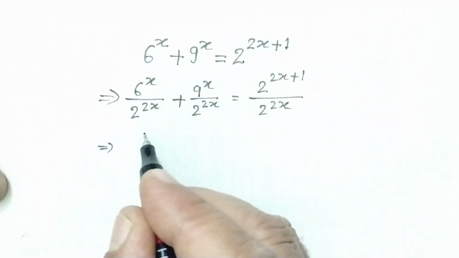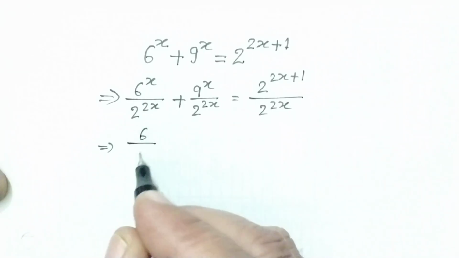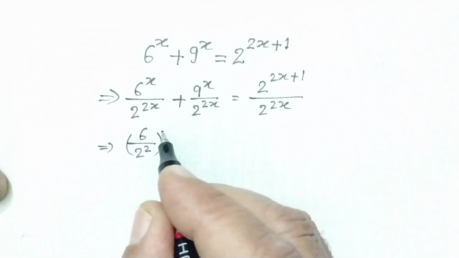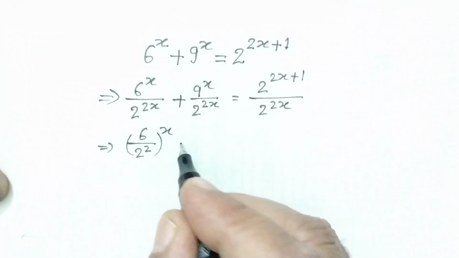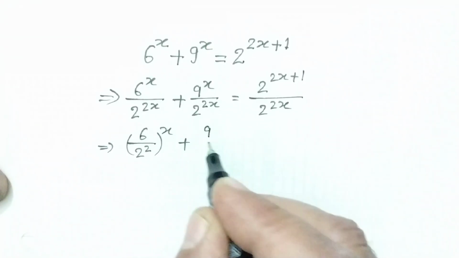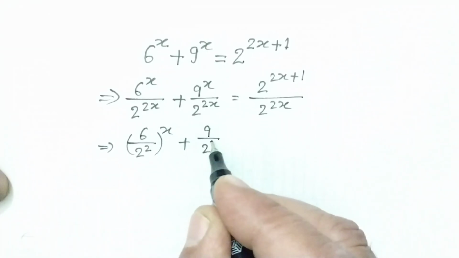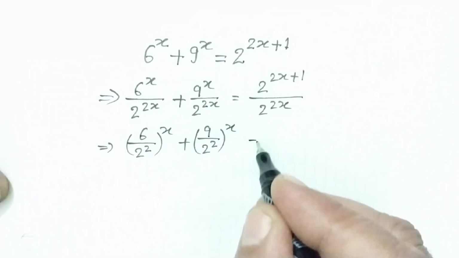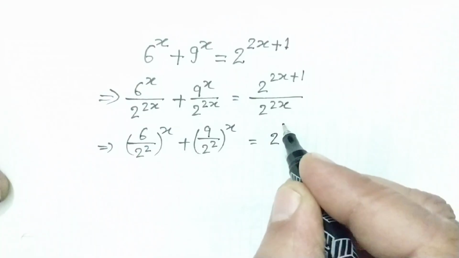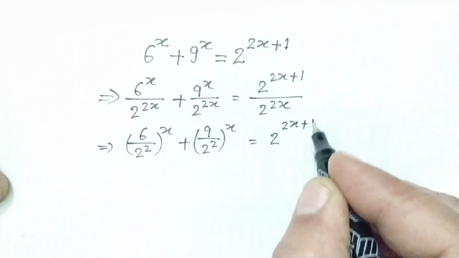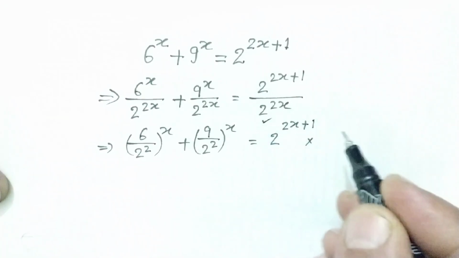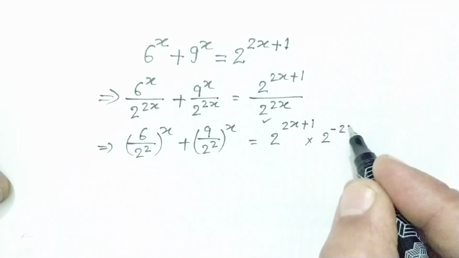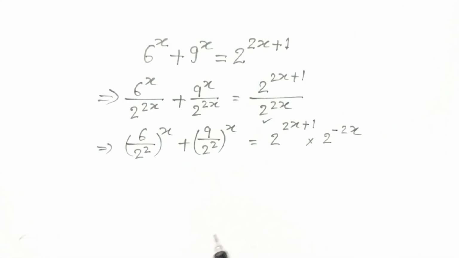Now 6 over 2 square to the power x, right, plus 9 over 2 square to the power x is equal to 2 to the power 2x plus 1 into this as 2 to the power minus 2x, right?